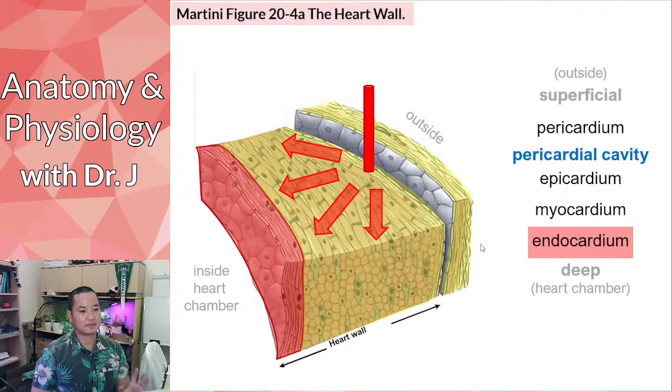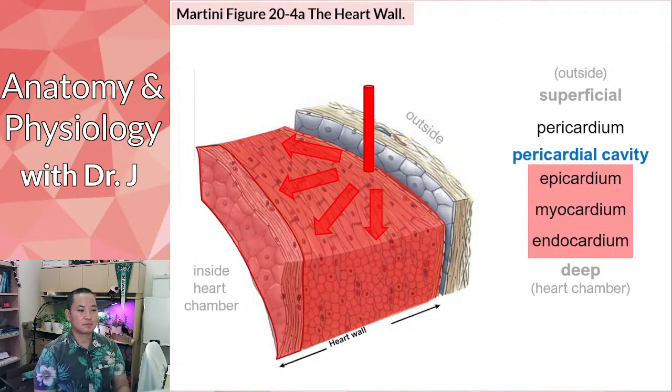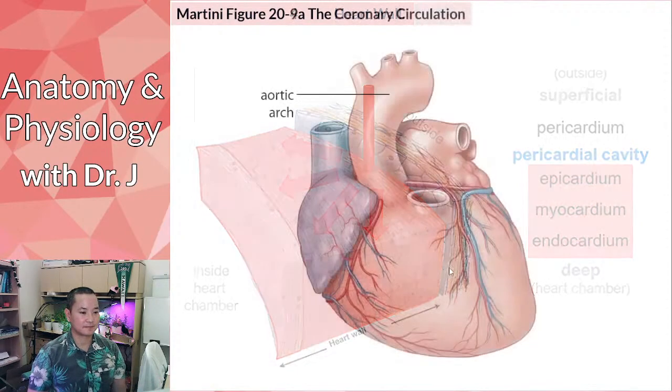The coronary artery perfuses the epicardium, and then it branches off further and further into the myocardium and endocardium. This is why the coronary arteries are super important: they keep the walls of your heart alive and kicking.